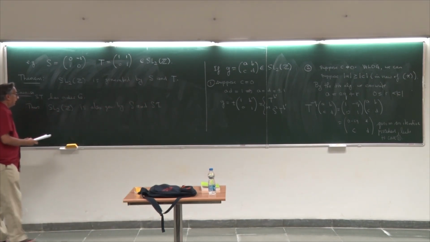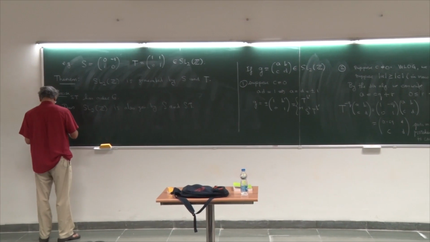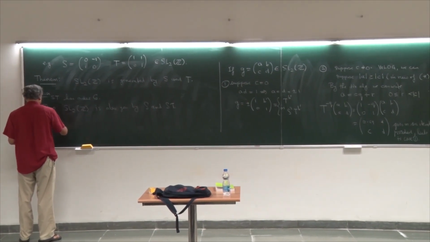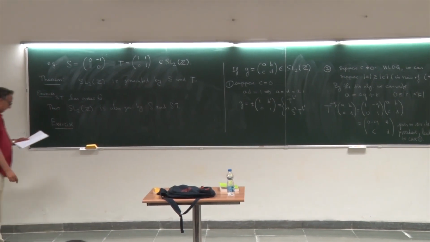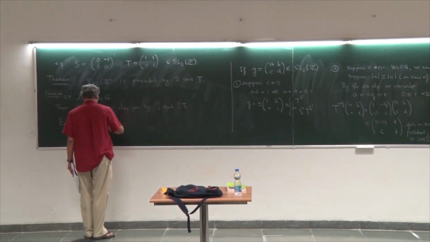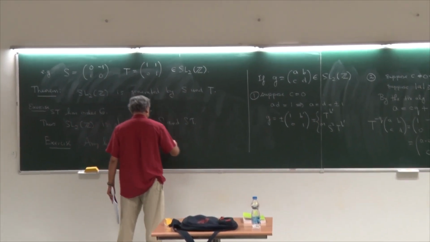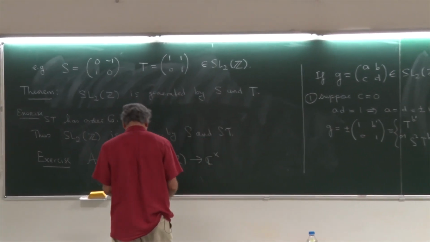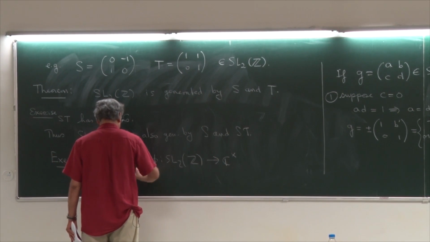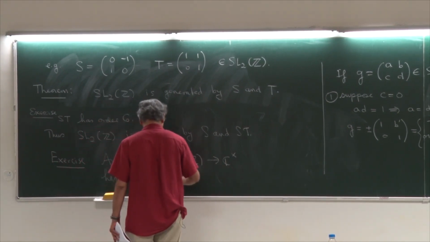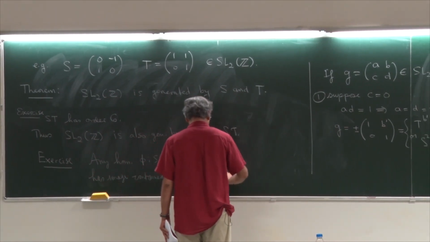And this particular observation allows us to do the following exercise. Some of these exercises can be discussed in the tutorial in the afternoon. Any homomorphism from SL2Z to the complex numbers has image contained in the group of 12th roots of unity.